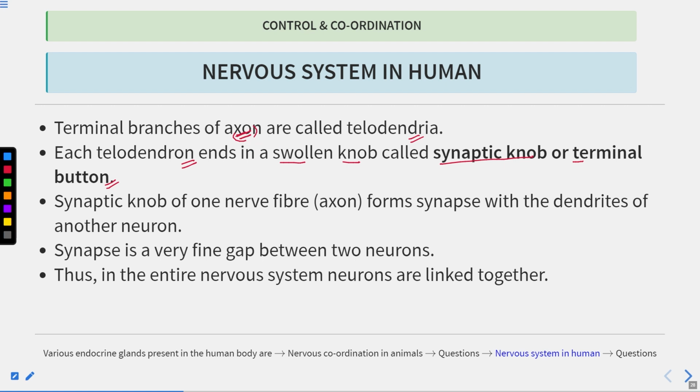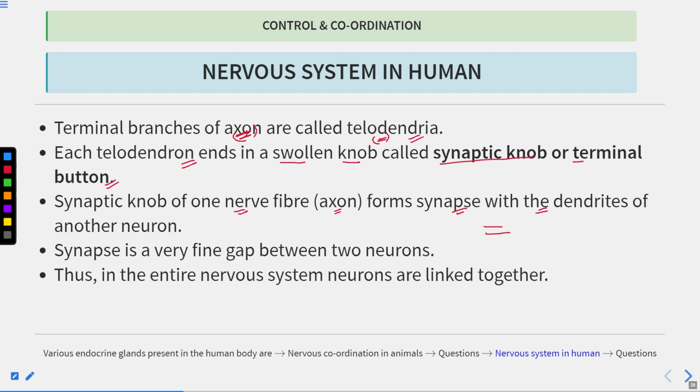The axon is covered by the myelin sheath, and the branches of the axon are known as the telodendria, and the swollen ends of the telodendria are known as the synaptic knobs. Now the synaptic knob of one fiber, meaning of the axon, forms a synapse with the dendrites of another neuron. Clear?